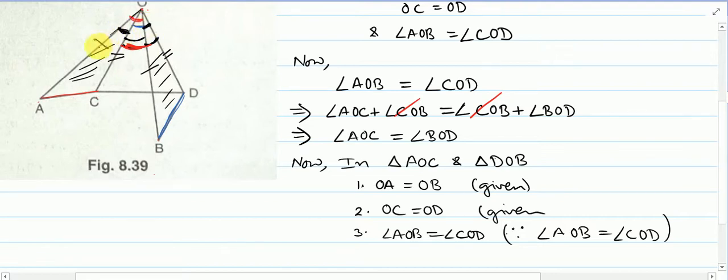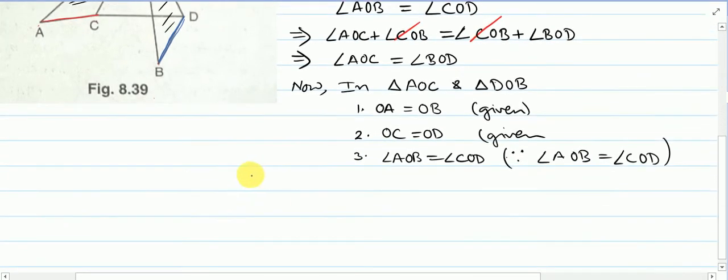So side angle side, side angle side. So these two triangles are congruent by the side angle side axiom. Therefore triangle AOC is congruent to triangle DOB by side angle side axiom.